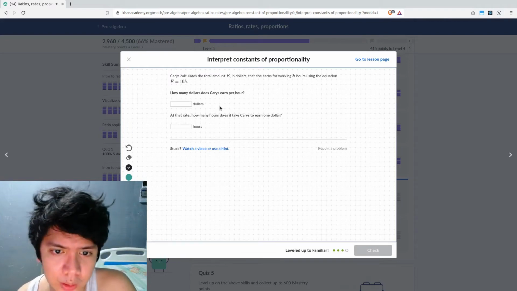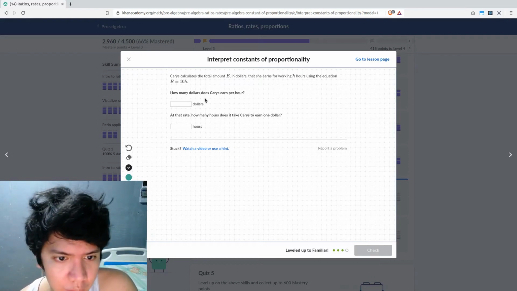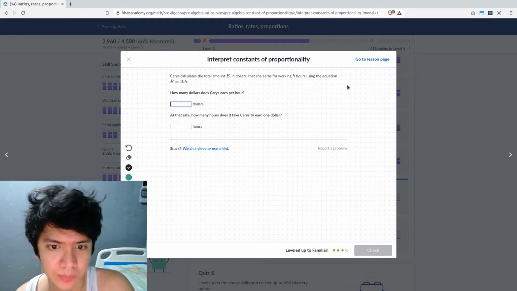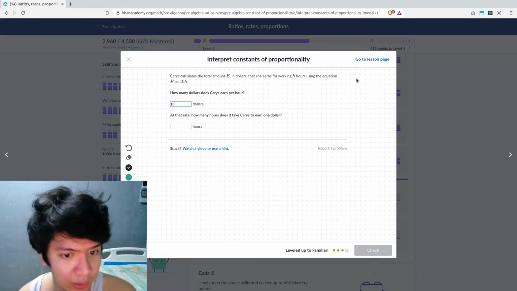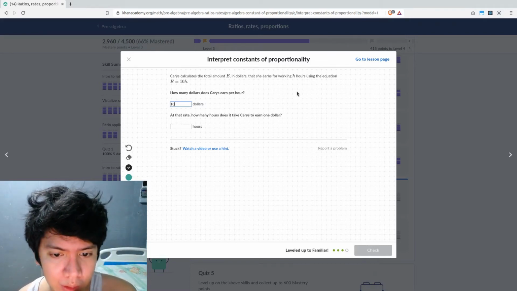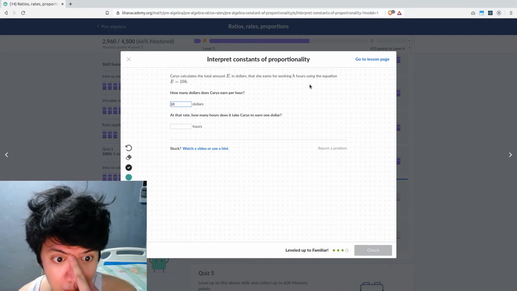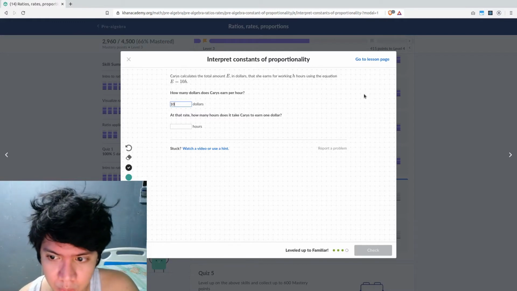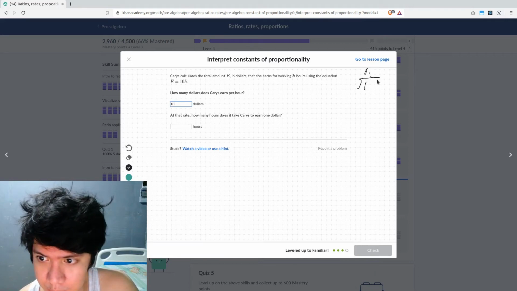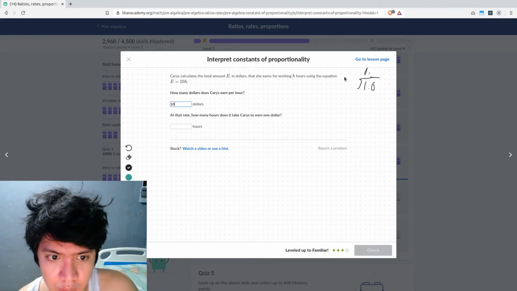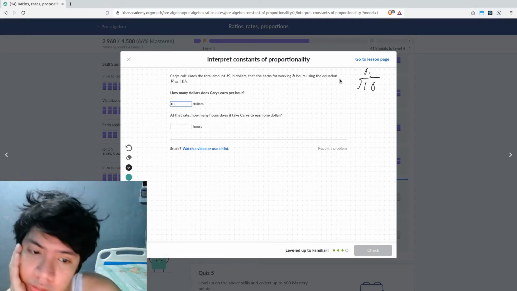Caris calculates the total amount E in dollars she earns for working. How many dollars earned per hour? She earns 10 per hour. At that rate, how many hours does it take Caris to earn $1? 1 divided by 60. 1 divided by... Oh gosh, this is hard.